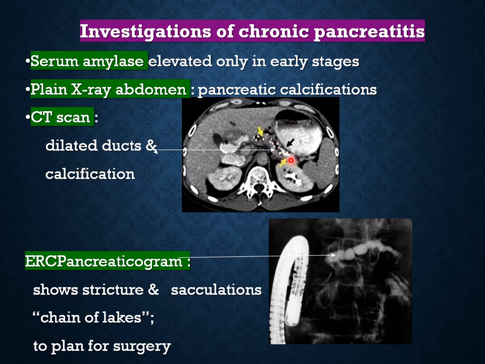Here, can you see here? Dilated pancreatic ducts with calcification. ERCP shows you the same, multiple areas of strictured pancreatic ducts with dilatations, and these are known as chain of lakes or beaded appearance.